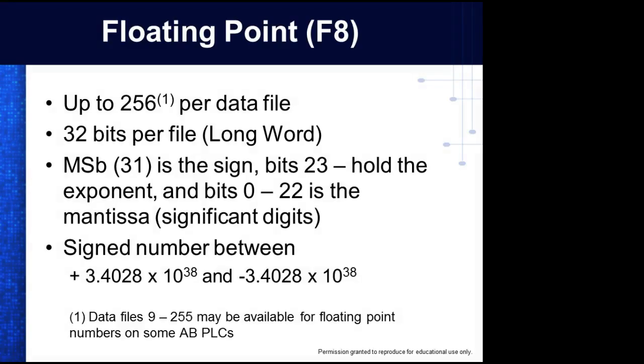Floating point. So it's a 32-bit number. The most significant bit is the sign bit. Then bits 0 through 22 would hold the exponent, and the other bits would hold the significant number. Using floating point numbers, we can get all the way up to 3.4 times 10 to the 38.